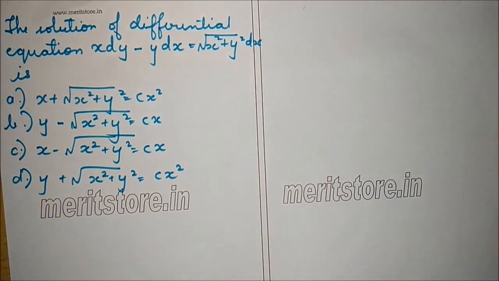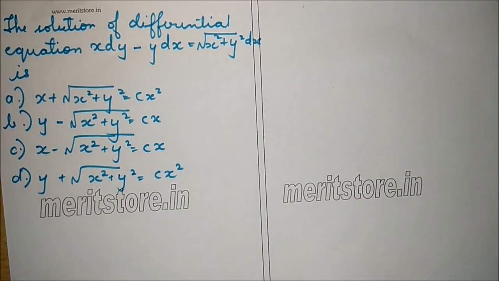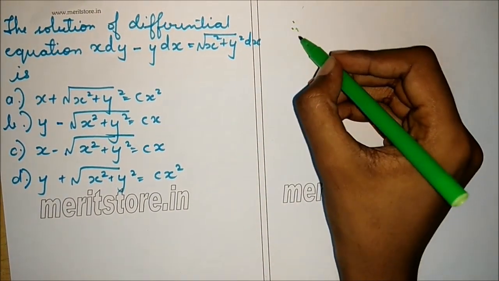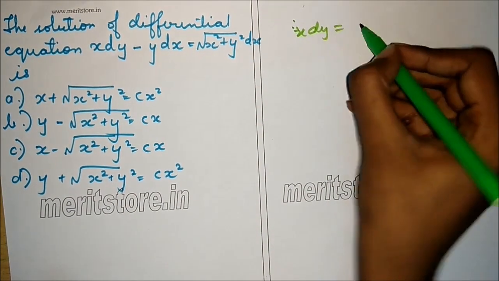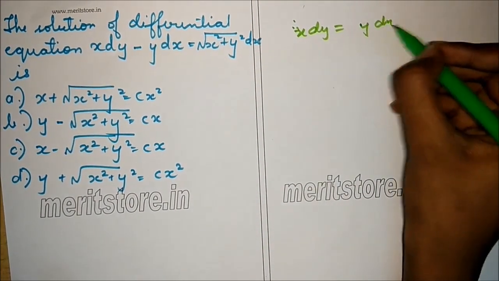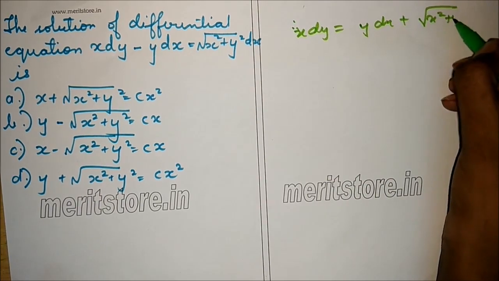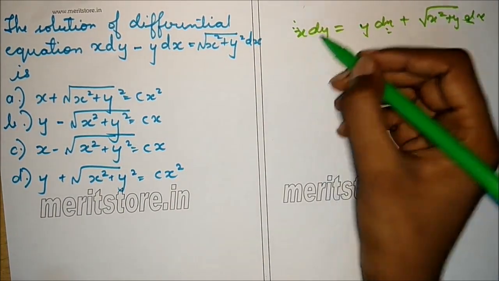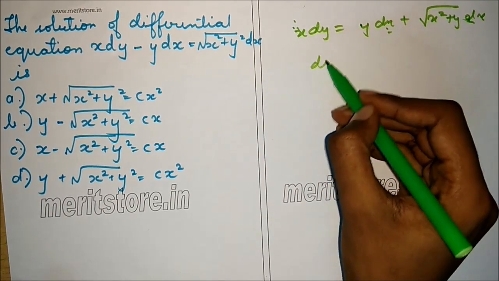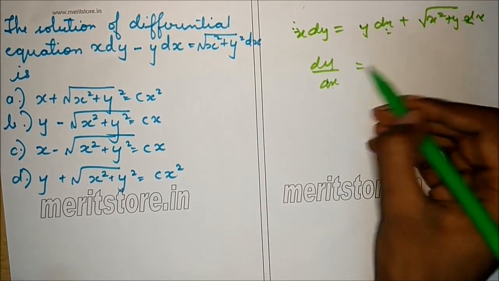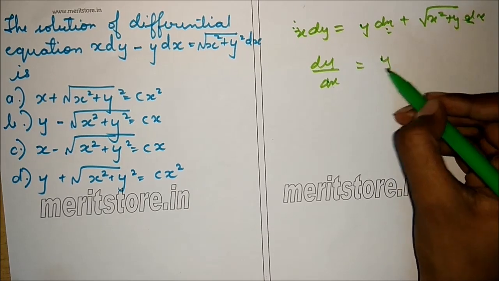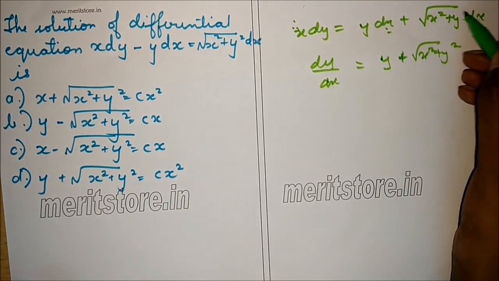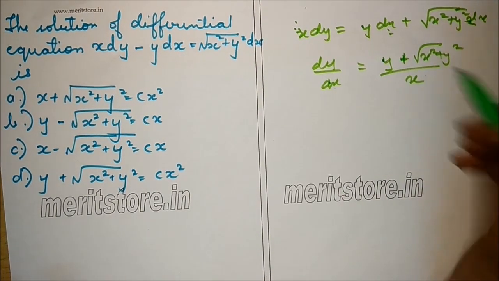Given differential equation is x dy minus y dx equals root of x square plus y square dx. So x dy will be equal to y dx plus root of x square plus y square dx. Taking dx common and bringing it alongside dy, this will be dy by dx is equal to y plus root of x square plus y square divided by x.